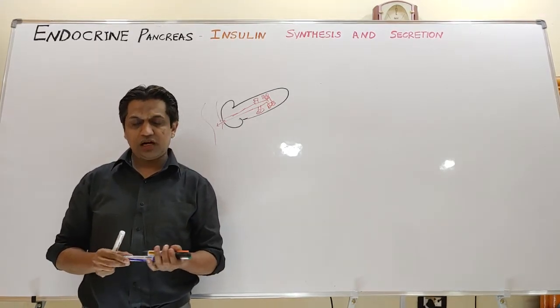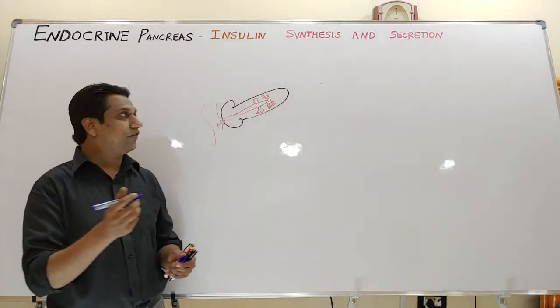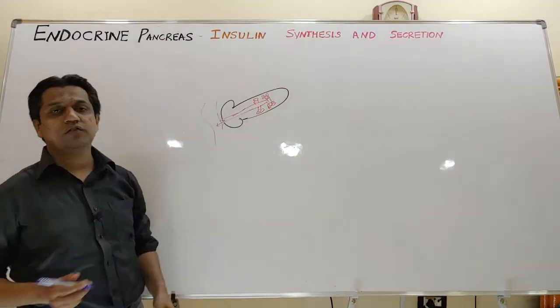Now there are certain cells which constitute the endocrine part of the pancreas.